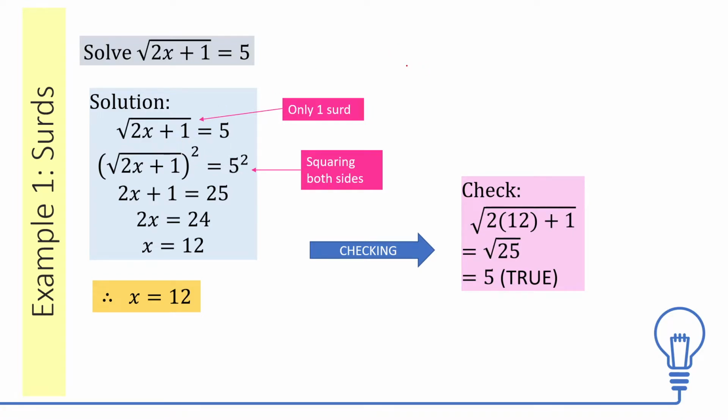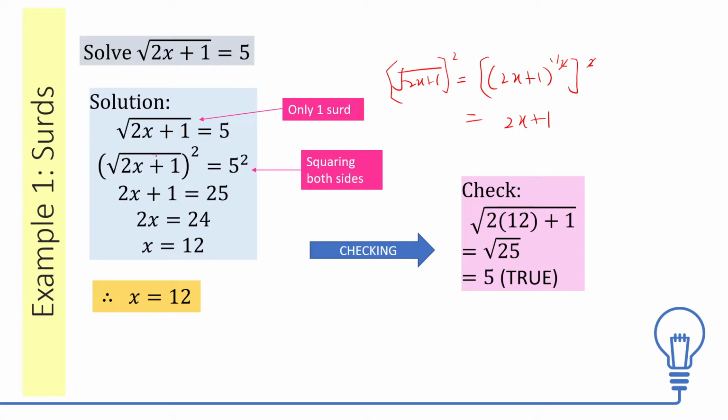So remember, the square root can also be written as (2x plus 1) to the power of half, and when we square the whole thing, we can simplify and we get 2x plus 1.